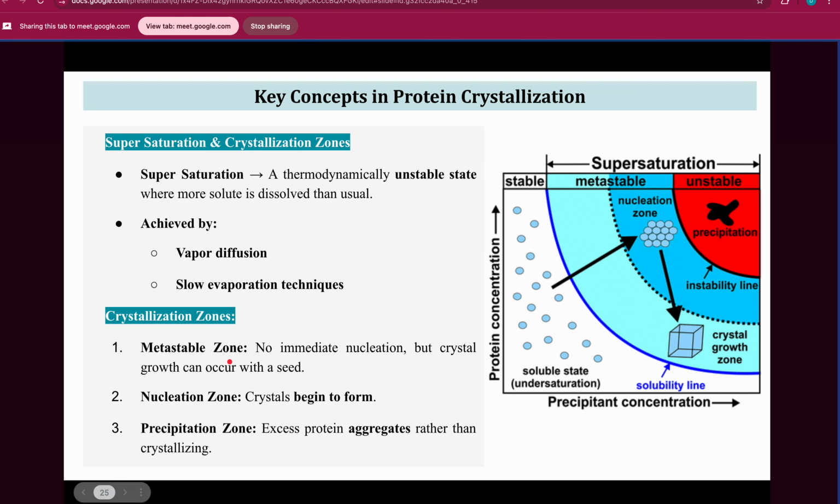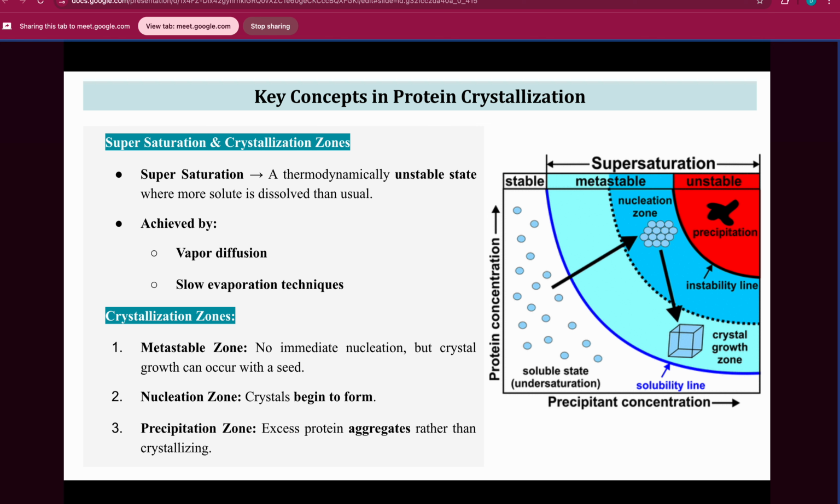The metastable zone is one in which no immediate nucleation is happening, but crystal growth can occur with a seed. If you have a small crystal which is already available, which is not completely formed, it is referred to as a seed. In this case there is no immediate nucleation, but crystal growth can still happen. Then the nucleation zone is the region where the crystal begins to form. In the nucleation zone, these proteins come together and aggregate, but not excessively.